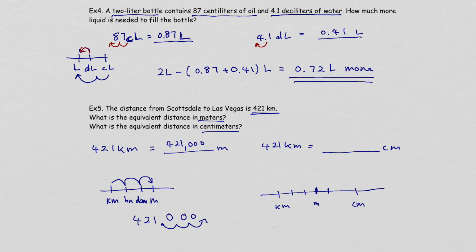Let me just do it in the middle, right? So 2 more units. So from kilo to centimeter, you will move 1, 2, 3, 4, 5 units to the right. So 5 more 0s is what you're going to need after 421. Then you will get 5 more 0s. And that's going to be centimeters.